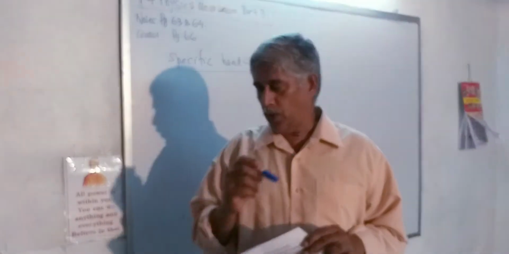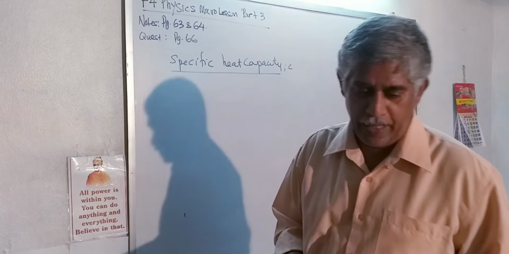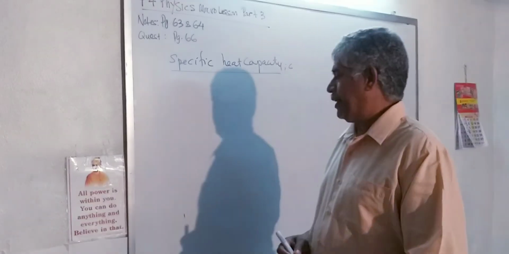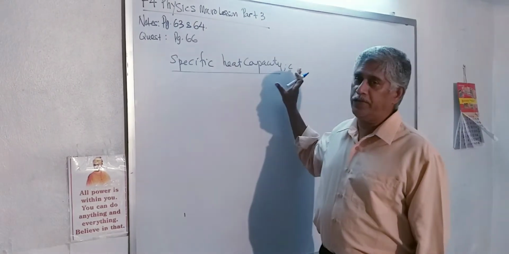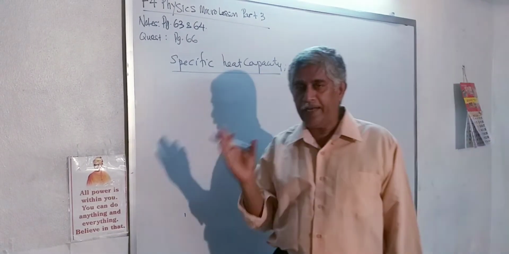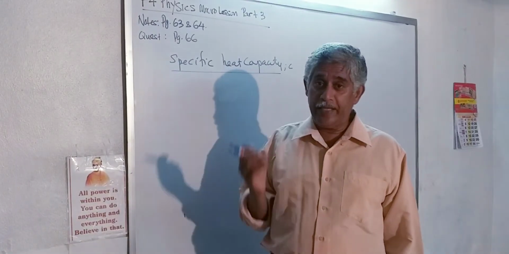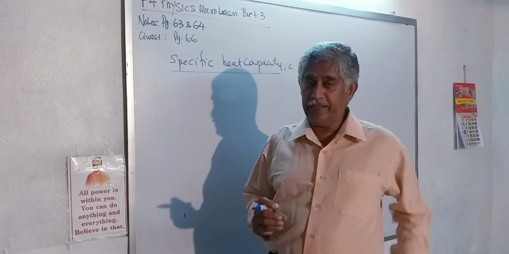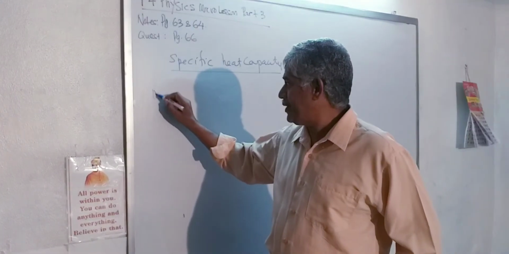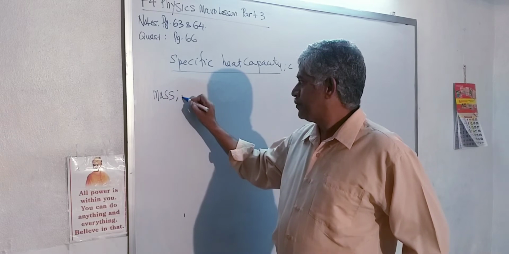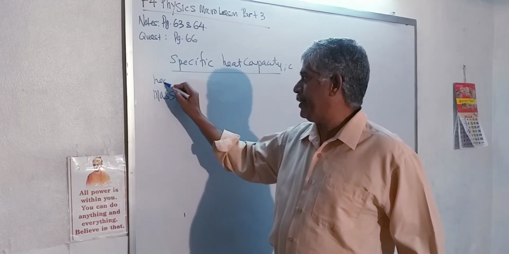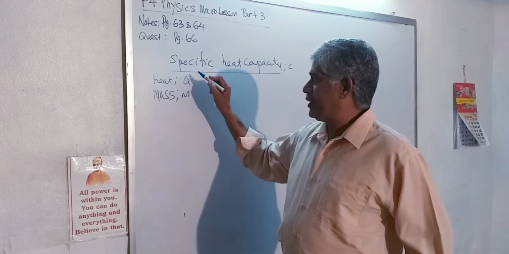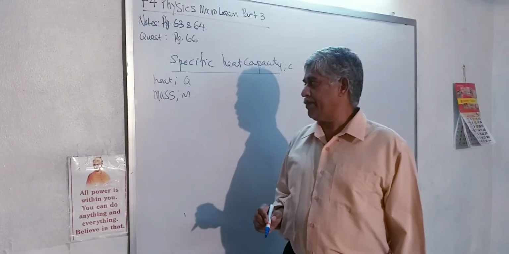To start with, let us take an example. I'm going to relate how specific heat capacity relates to temperature, to heat, and also to the mass of an object. Three things. The mass of an object, the heat that you supply, and the temperature. All these are symbols that we use in this concept.